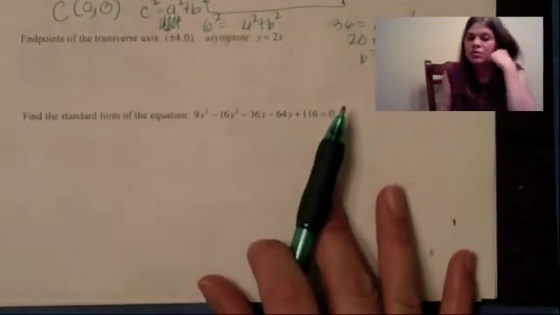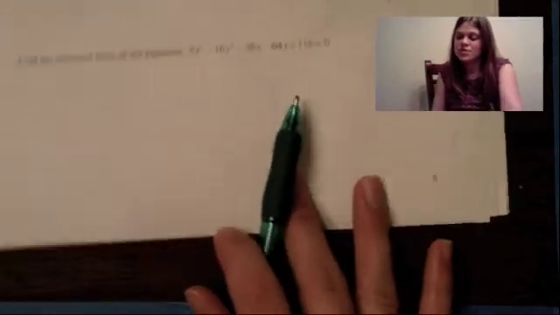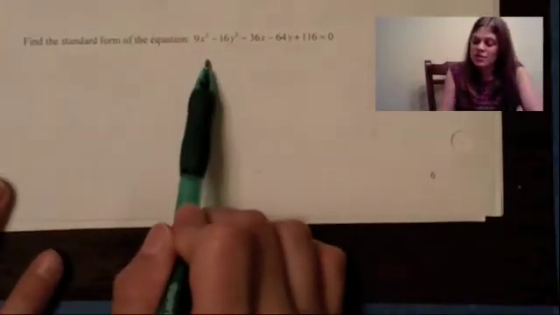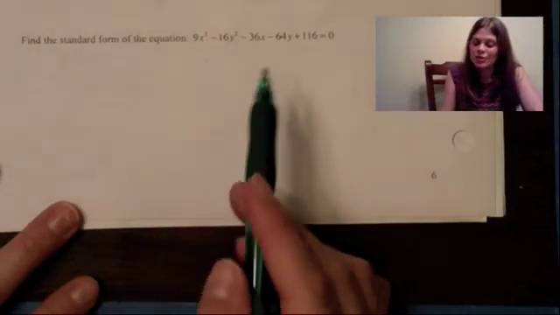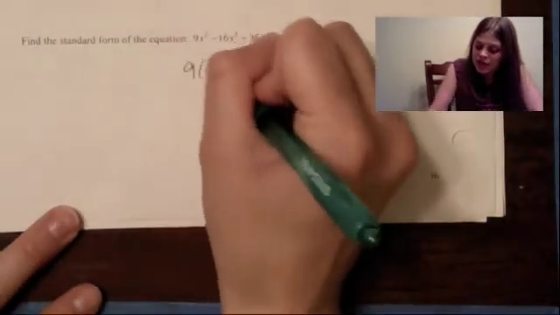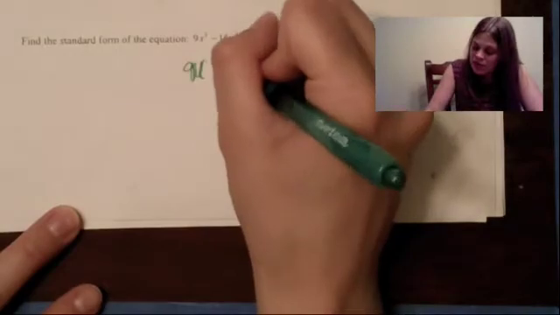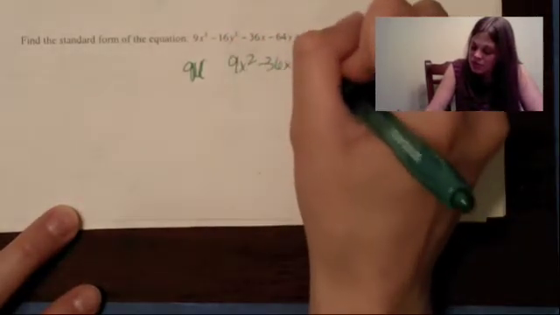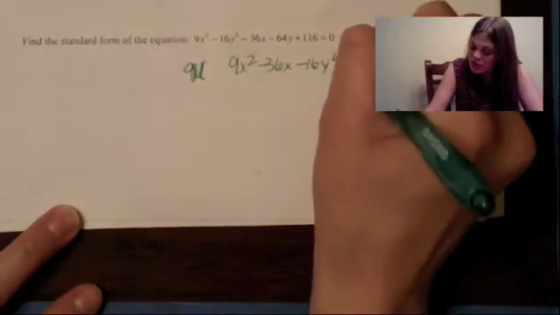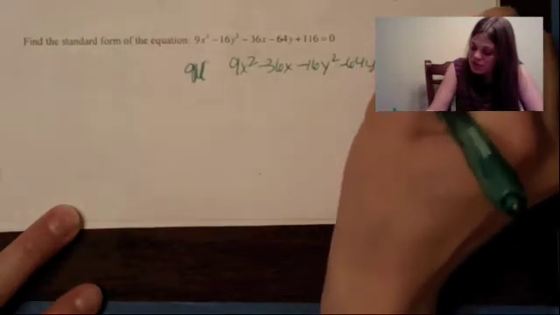Okay, this one is similar. We're going to forego doing that one together as a class. This is very similar to what we did yesterday, except that you have to pull out a negative. So let's try one example of that. I have 9x squared, and we have to put the x's together and the y's together, and then put the number on the other side. So minus 16y squared minus 64y equals negative 116.